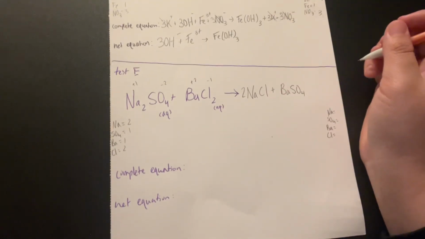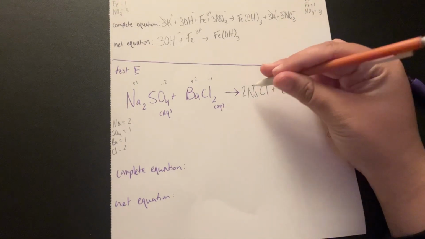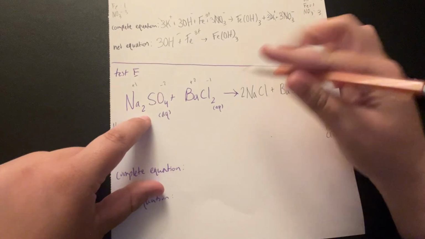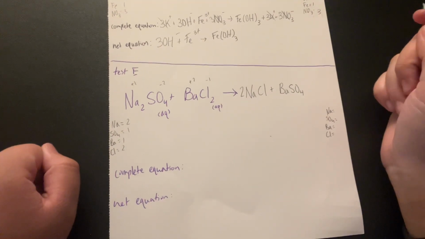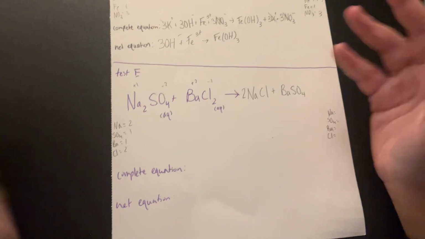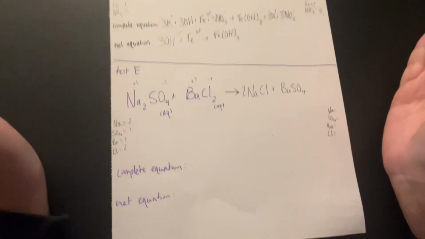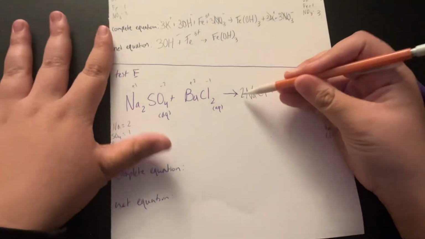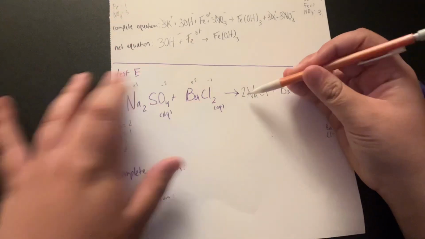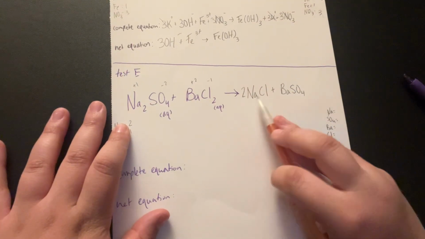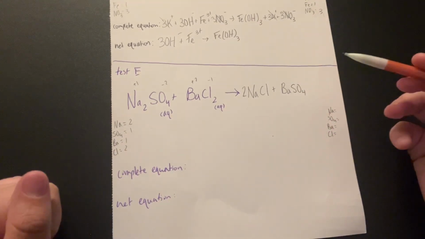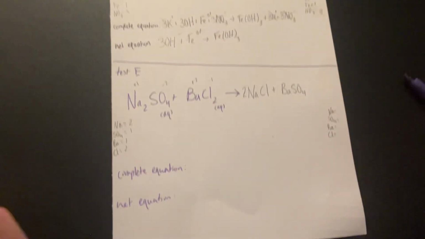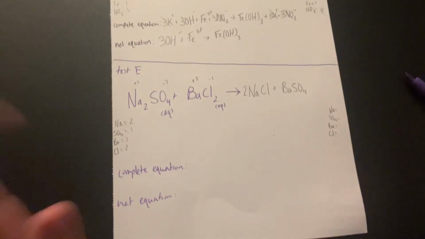See how cool that works? Because then you don't have to worry about adding the subscript 2 or putting them in parentheses, you just throw it right in front and you're good. That's exactly how the equation is going to look when it's balanced, because you have 2 here, 2, 2, now you have 2 here. 2 Na, 2 Cl, and 1 barium sulfate, 1 barium and 1 sulfate.